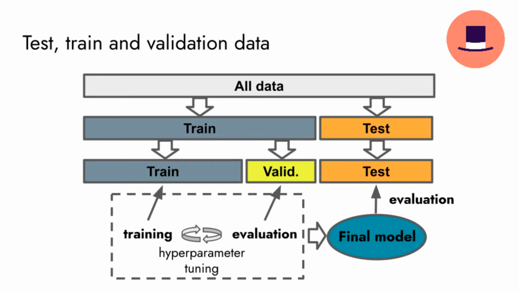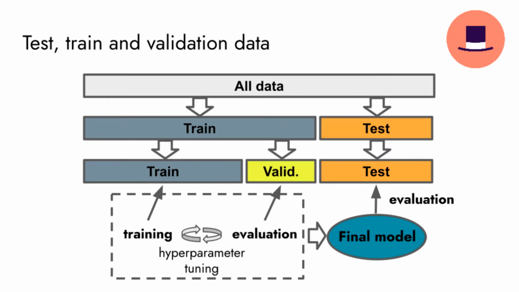These fitting and evaluation steps are repeated with varied hyperparameter values, and in the end, the values that give the best evaluation results are chosen for the final model. In this process, the model gets to know both the training and validation data, so the final evaluation is performed using the test set that the model has not seen before.